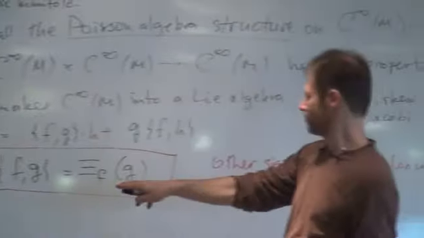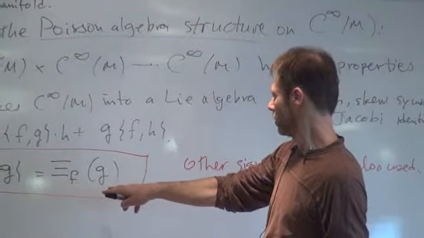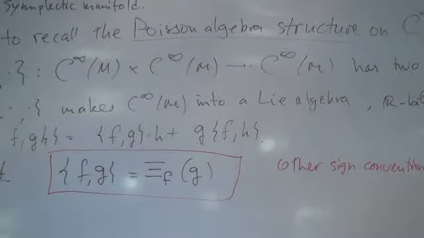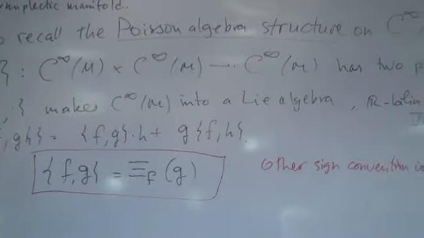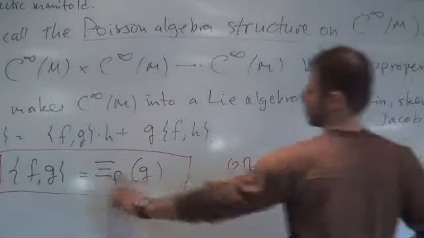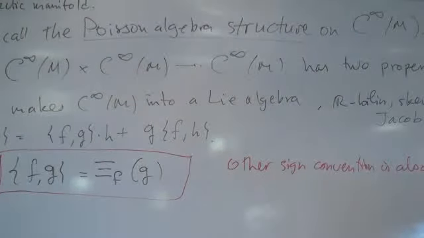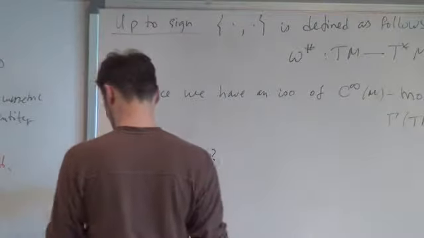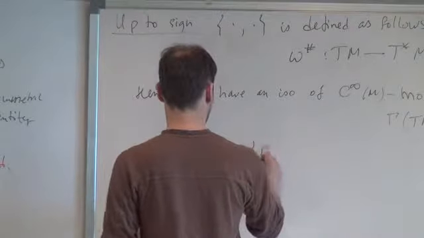It's clear that it's R bilinear, I think, from my definitions. If I multiply a function by a scalar, the vector field gets multiplied by a scalar. If I multiply g by a scalar, the scalar will come out. Skew symmetry. Let's check. I need to do this computation anyway.